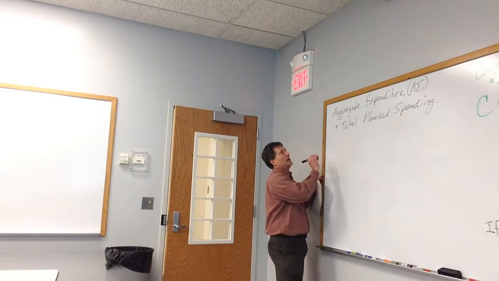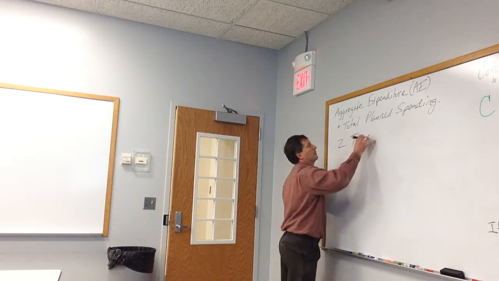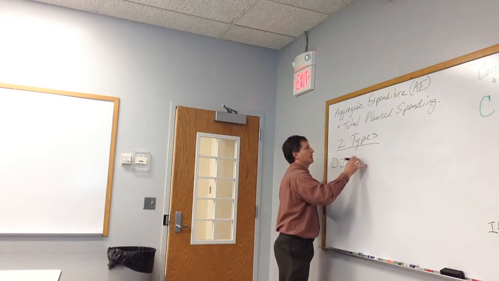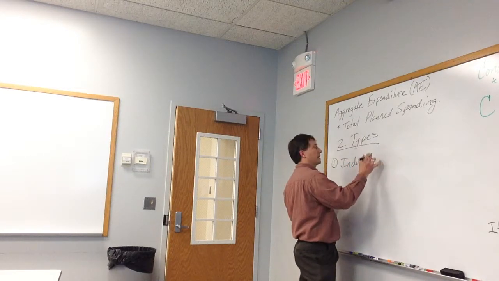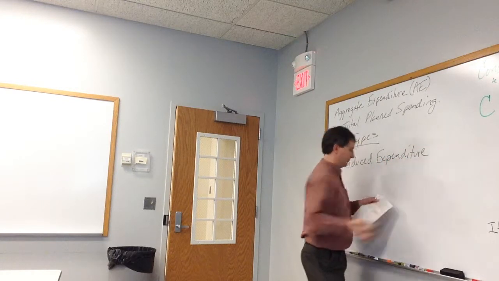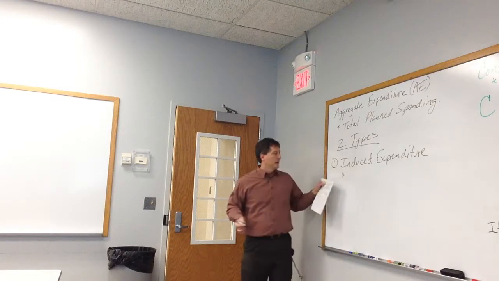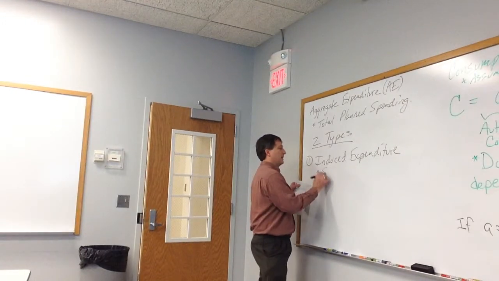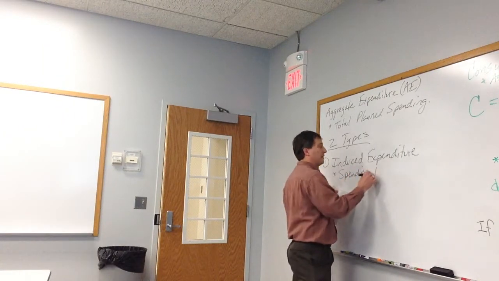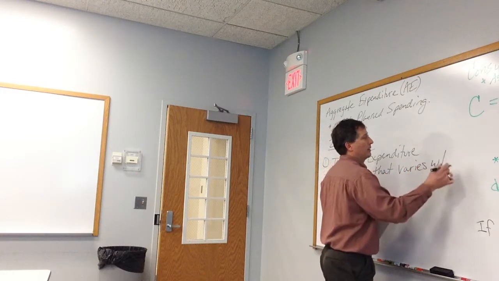So we've got two types of planned expenditure. So let's just put two types. One is induced expenditure. And this is spending that varies with income.